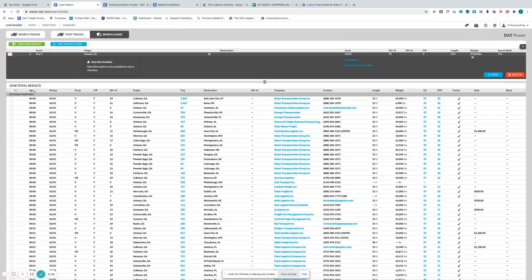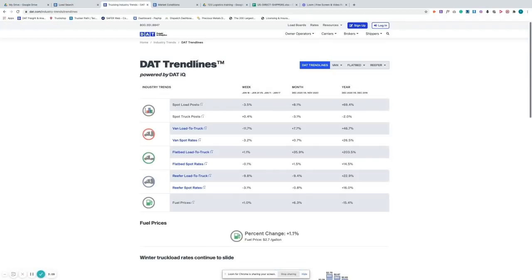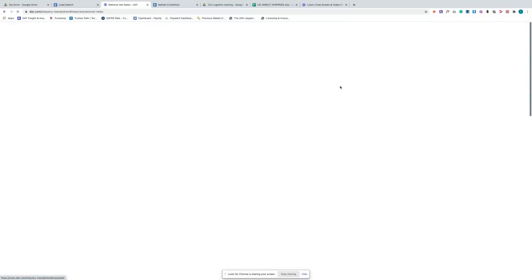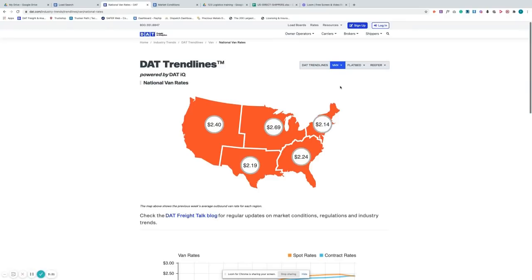Now, one thing, before I even start looking at these loads, I always come up here to DAT trendlines. You can go to Google, put in DAT trendlines, and come to this website. Since we are looking for a van, I'm gonna do national van rates. This gives me an idea of what van drivers are getting in certain areas.